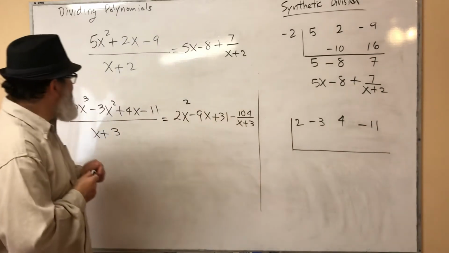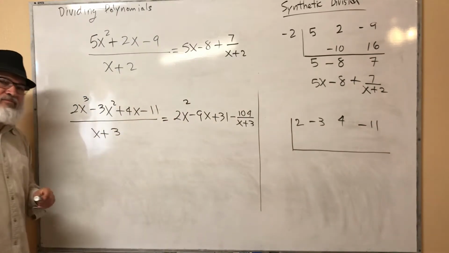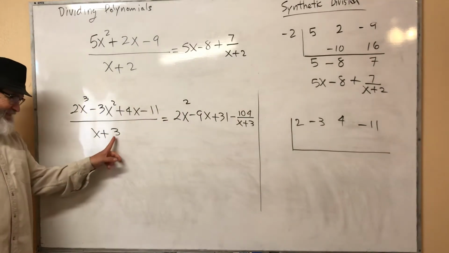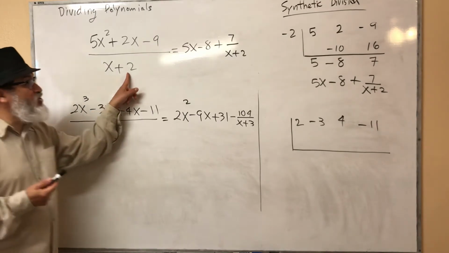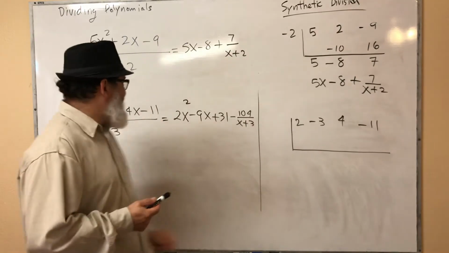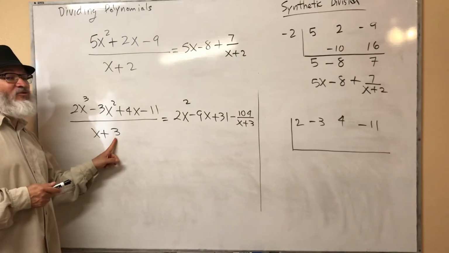Those are the coefficients of the numerator. And take the opposite. Always take the opposite. Here we took negative 2, look. And here I'm going to take negative 3.